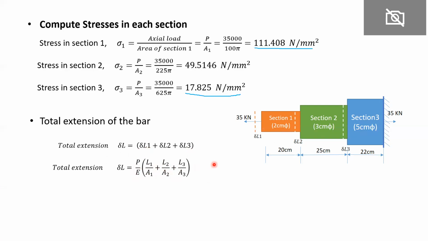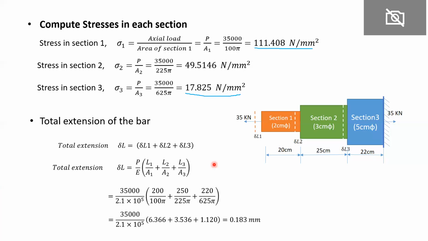Now you substitute the corresponding values. We know P is 35 kilonewton, and Young's modulus is 2.1 into 10 raised to 5. The corresponding lengths are 250 mm, 250 mm for the second, and 220 mm for the third, divided by the areas we have computed already: 100 pi, 225 pi, and 625 pi.